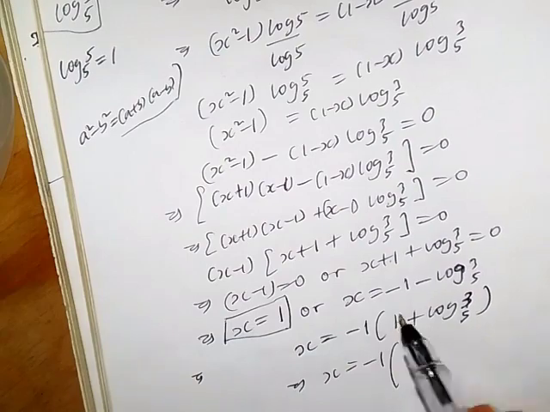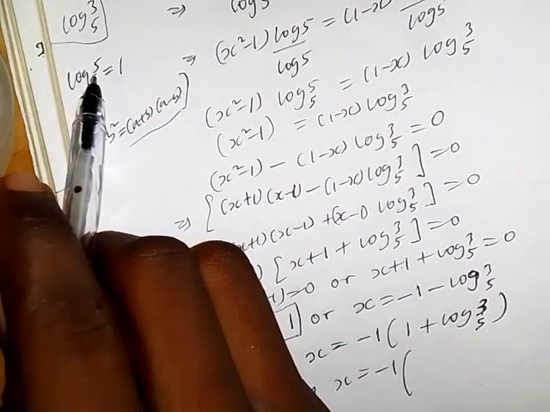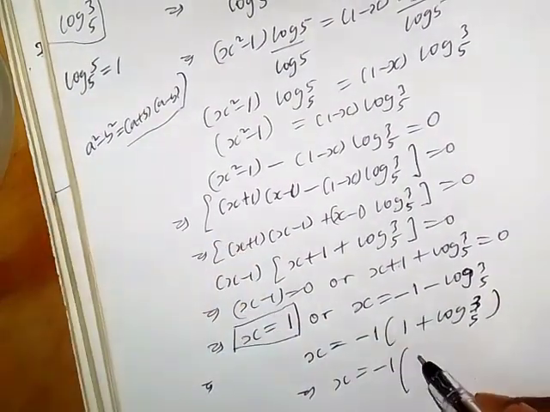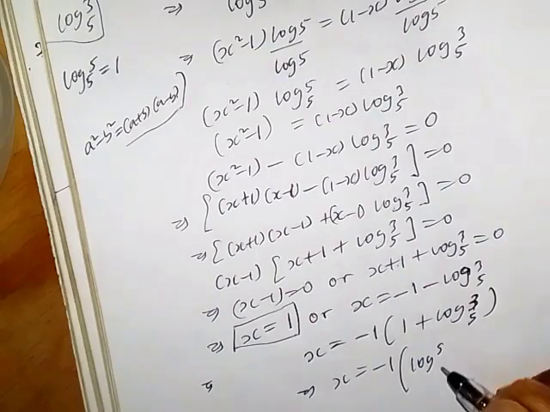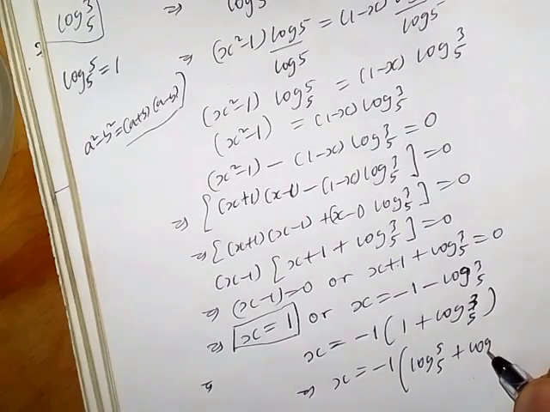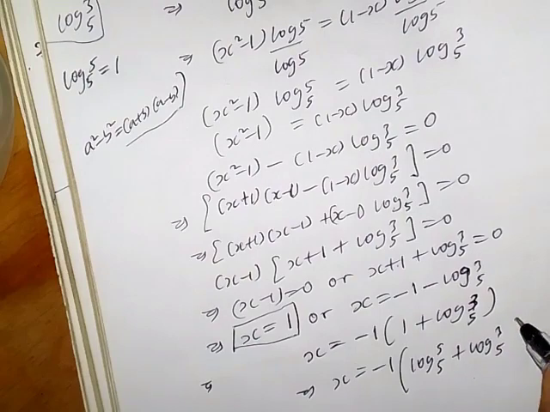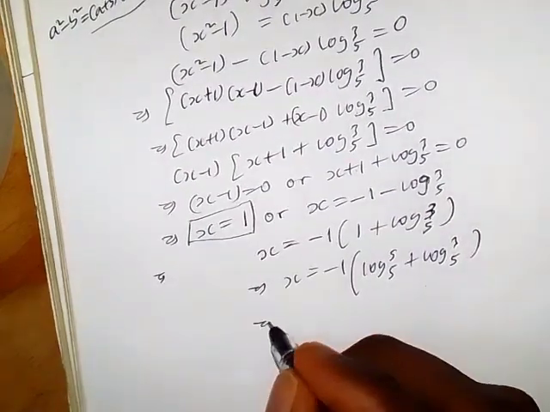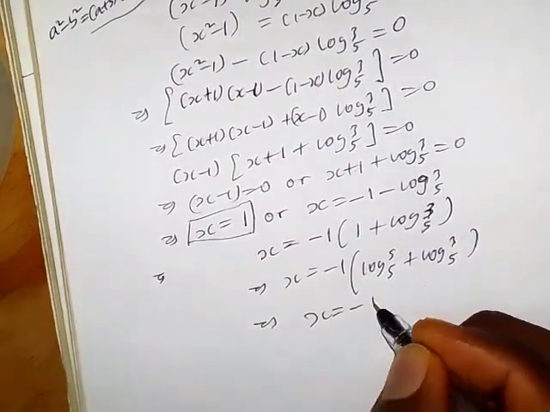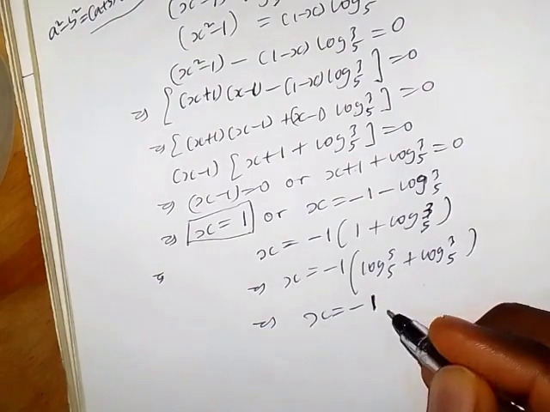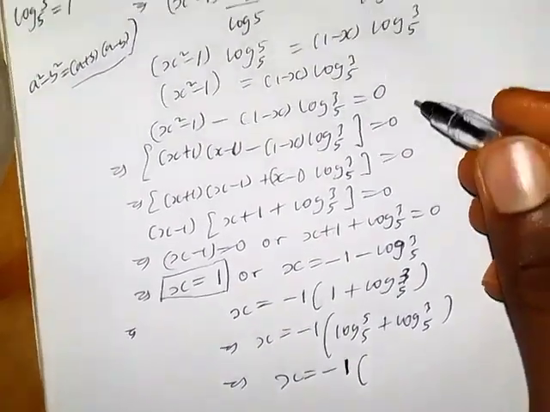Don't forget, 1 is the same thing as log 5 base 5. So we are going to plug it back. So we have log 5 base 5 plus log 3 base 5. So we have x equals minus 1 times this. We are going to apply one property, the product rule of logarithm.